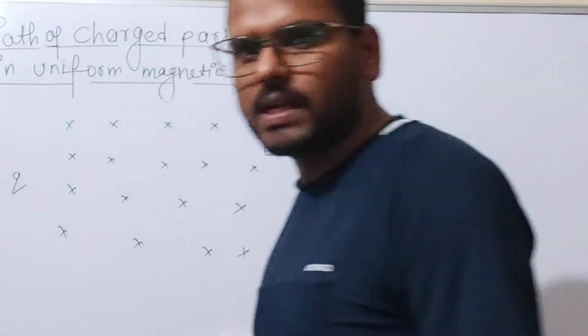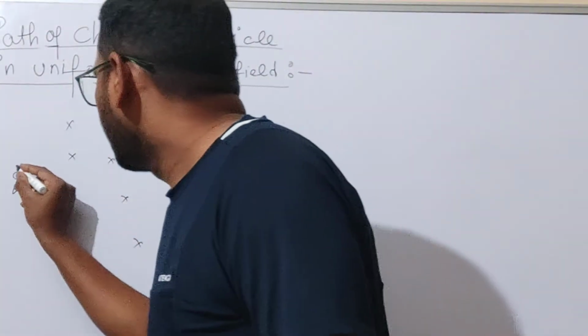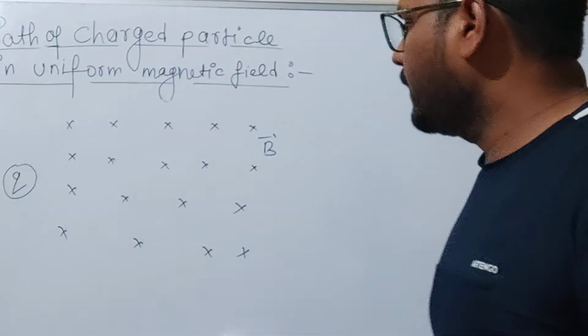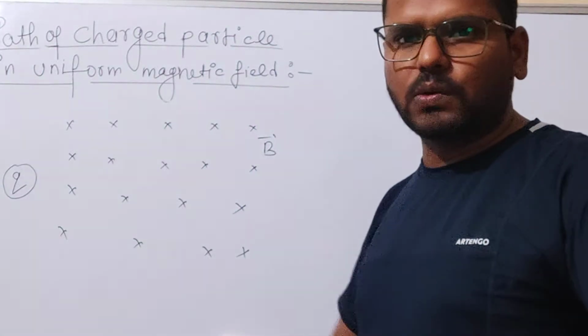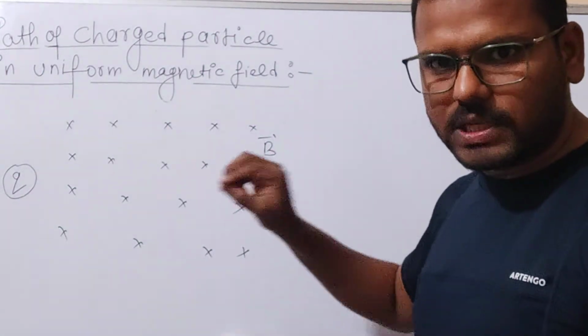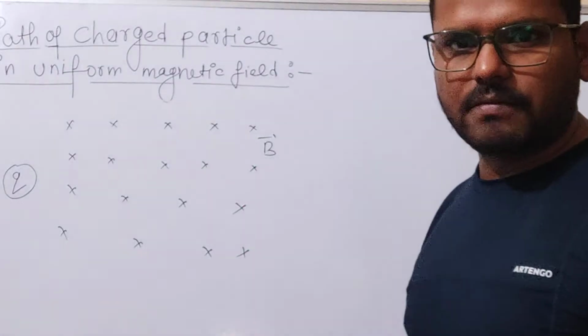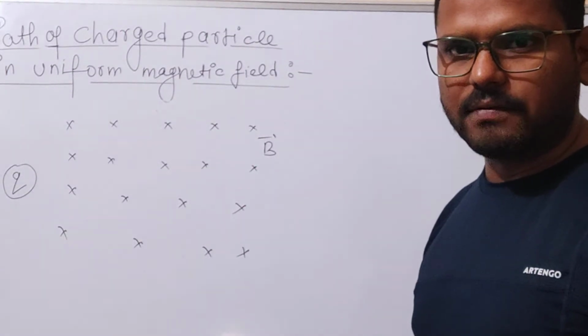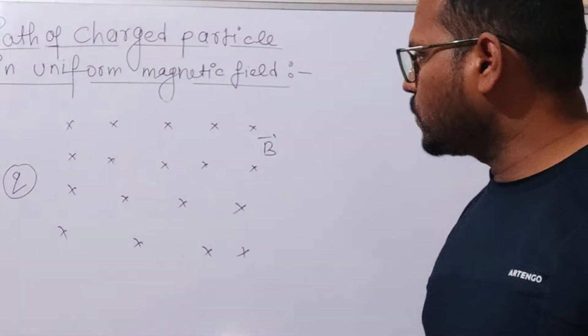What will happen if I throw the charge along the direction of the magnetic field?